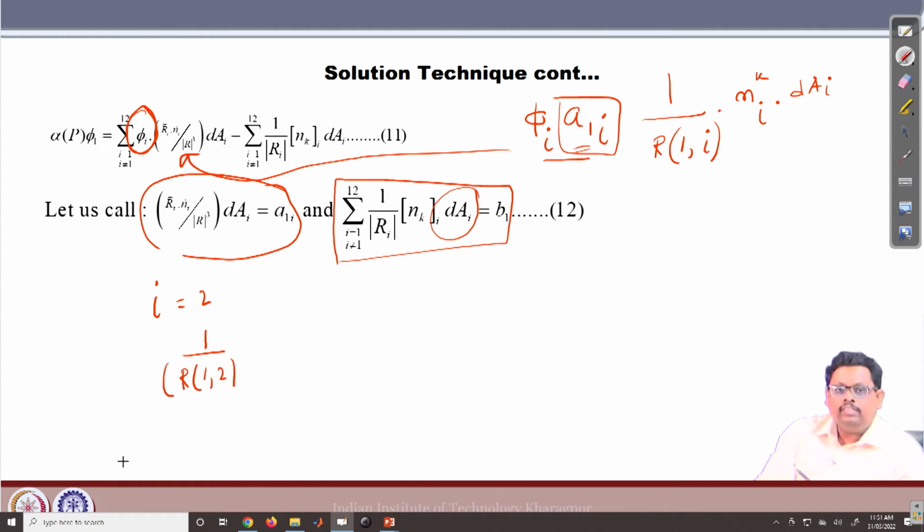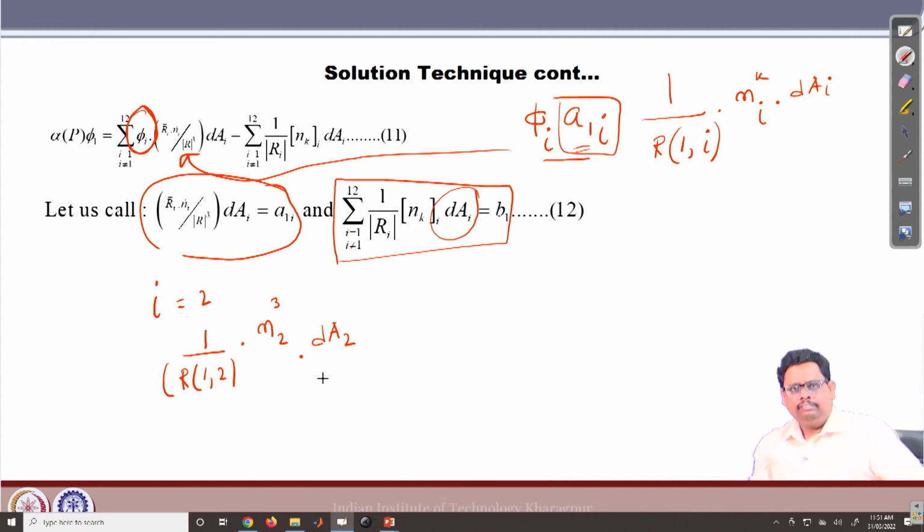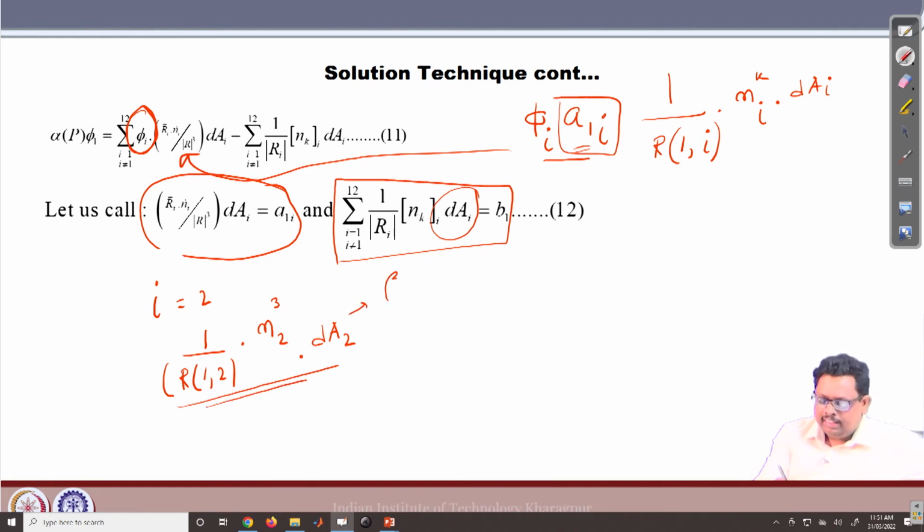This is known to me, and then multiplied by the normal, let us say heap component for the second panel, that is also known to me, and then I have to multiply this with the area of the second panel, that is also known to me. So, this value gives me some number. I can call this number, let us say, my beta 2.